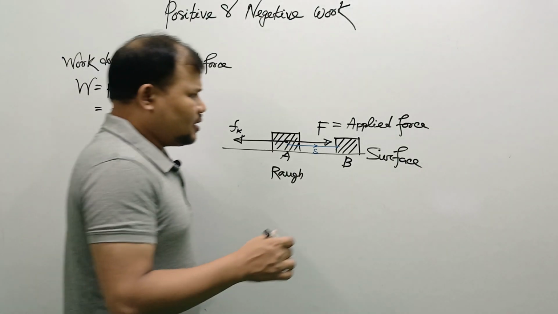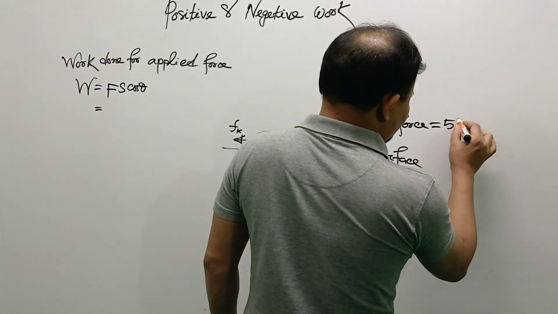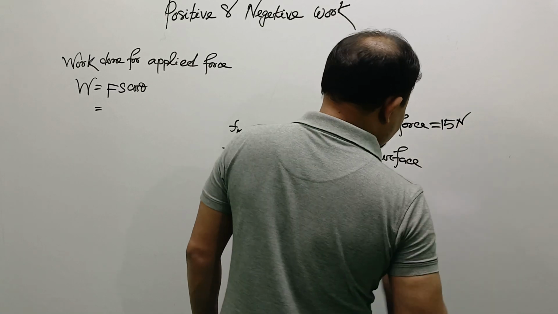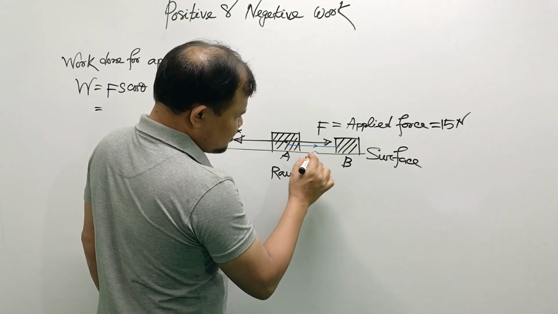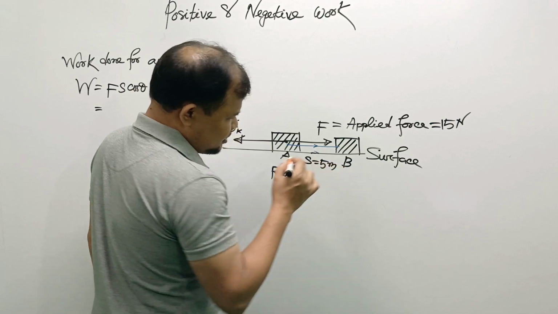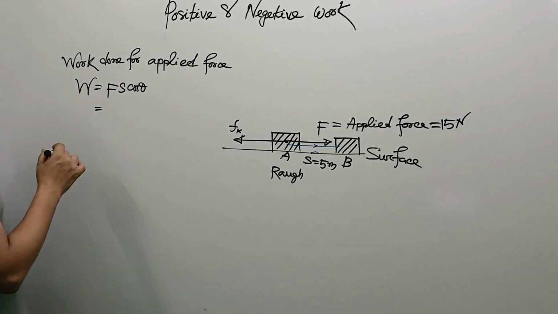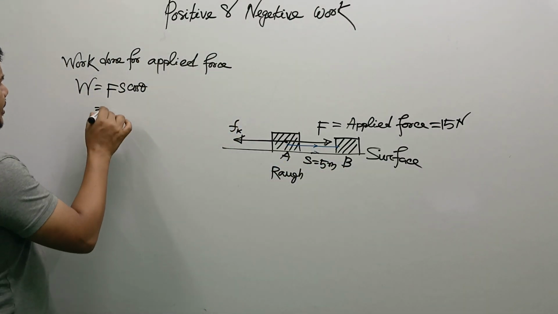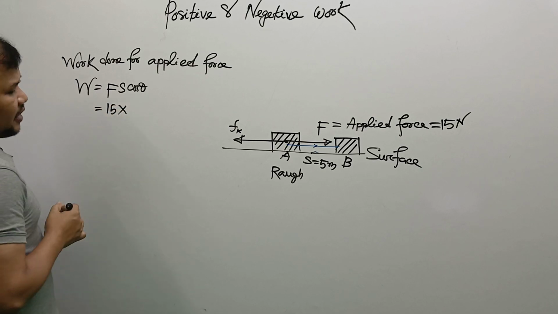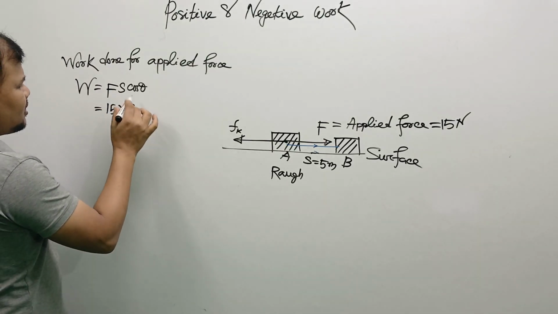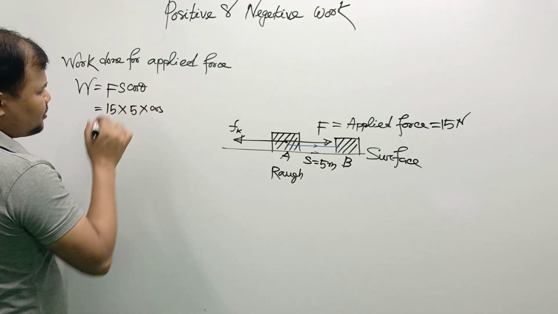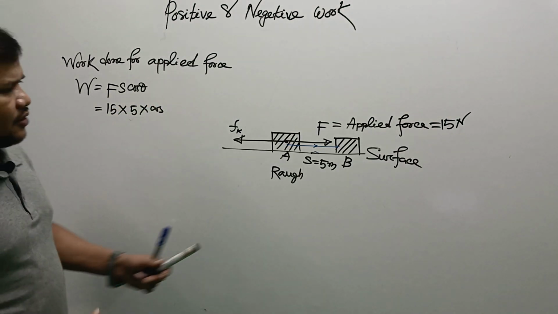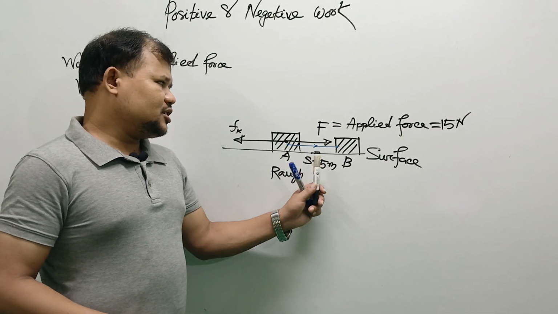Suppose the magnitude of force is 15 Newton and displacement is 5 meter, and the angle between applied force and displacement is 0 degree.